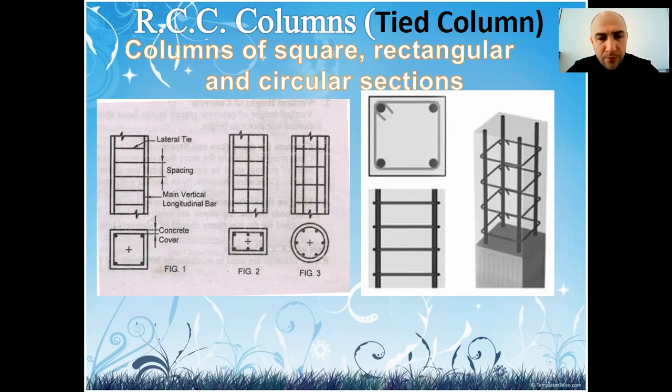The shape of a reinforced concrete column can be square, rectangular, and circular. So those are the most popular types. Actually, it can be various shapes according to the architectural and designer solutions. But at the same time, the most popular is the square type.